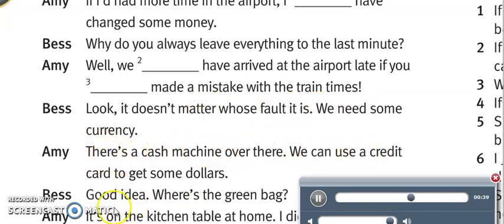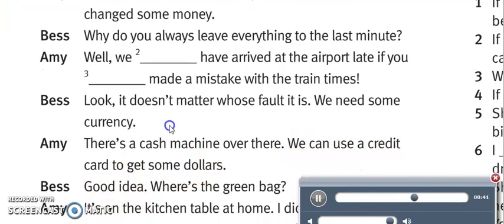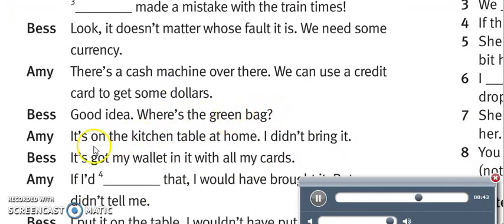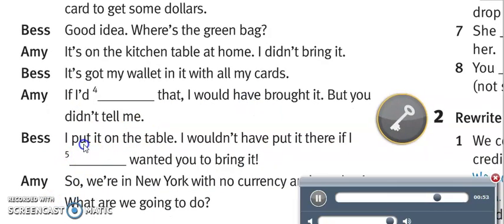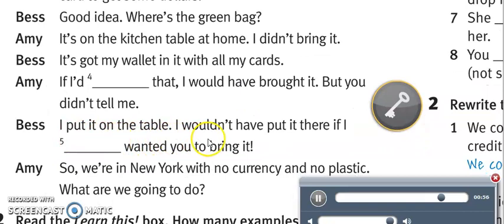You can use a credit card to get some dollars. Where's the green bag? It's on the kitchen table at home. I didn't bring it. It's got my wallet in it with all my cards. If I'd known that, I would have brought it, but you didn't tell me. When you told me, I wouldn't have put it there if I hadn't wanted you to bring it. So, no currency and no plastic. What are we going to do?